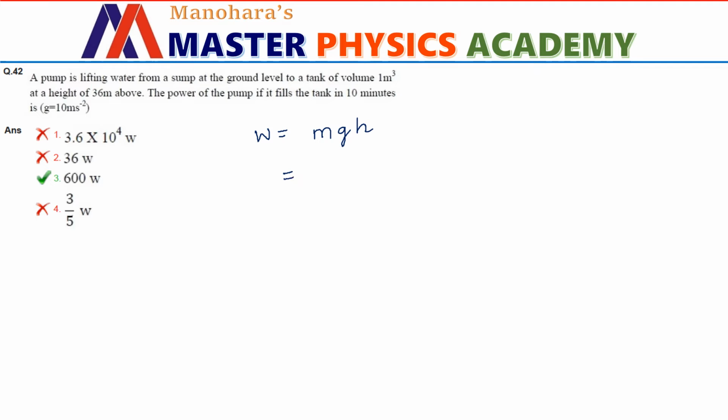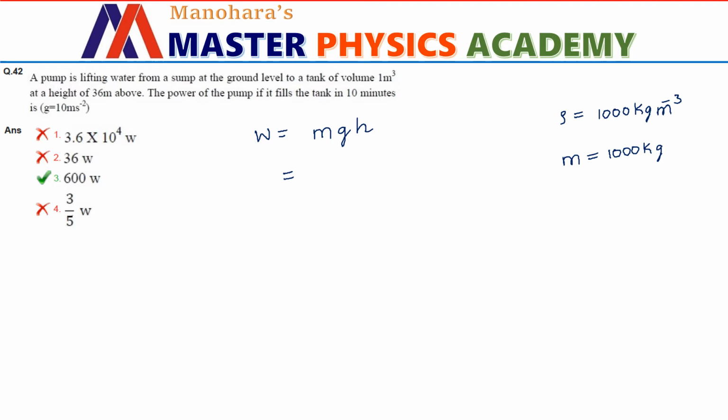So we know that density of water is 1000 kg per meter cube. That means in order to fill the tank whose volume is 1 meter cube, it has to lift the mass equal to 1000 kg, right?